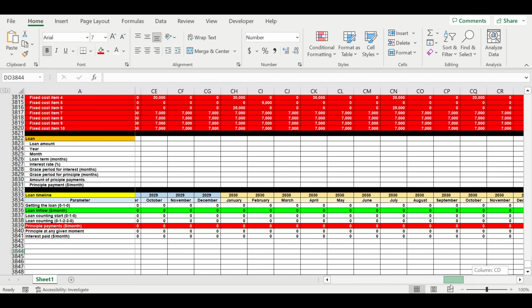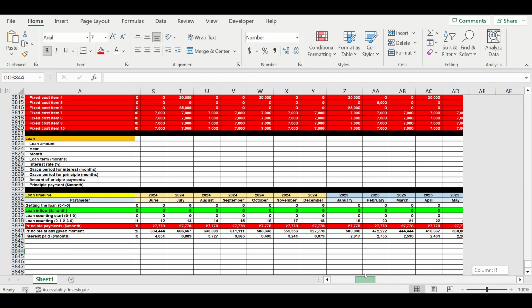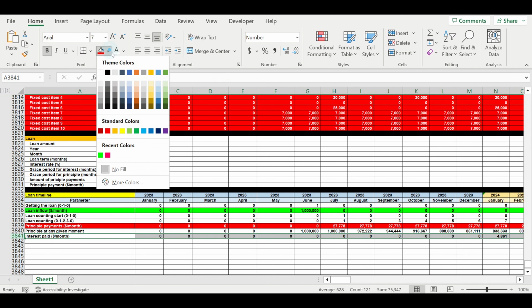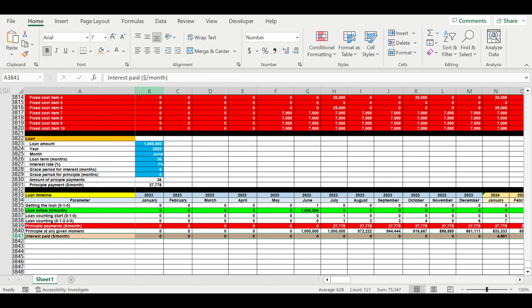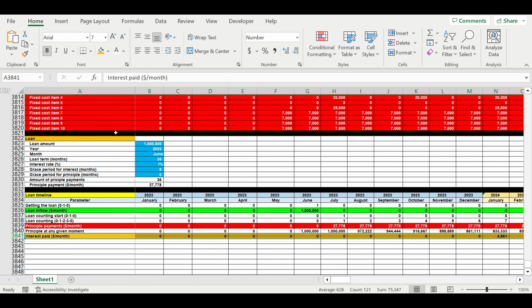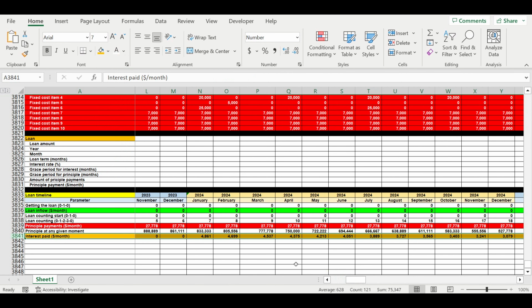And now we know the amount of interest paid. I will color it orange. For example, we want to see two types of interest payments.